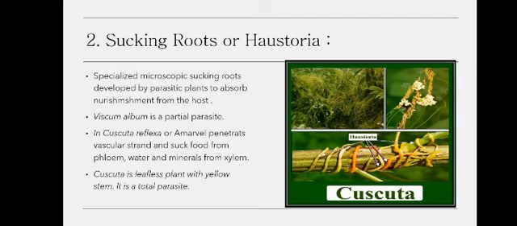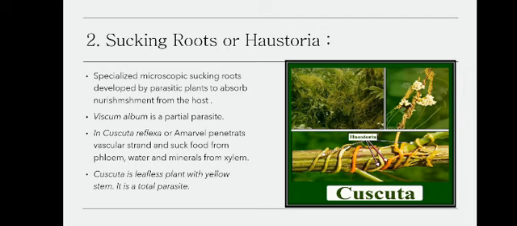Cuscuta is a leafless plant with a yellow stem. It is a total parasite. Specialized microscopic sucking roots, in that diagram you can observe here, are the wiry structures. They are haustoria. The parasitic plants absorb nourishment from the host.